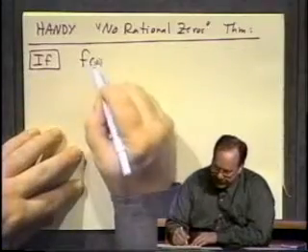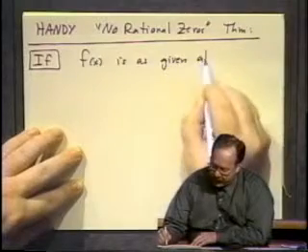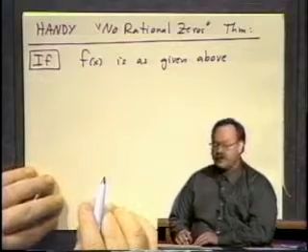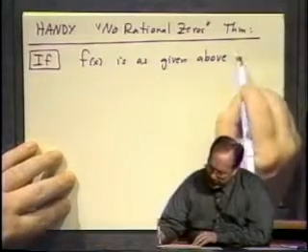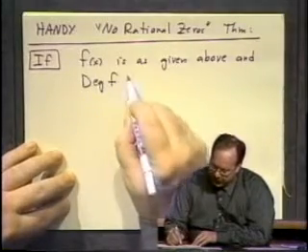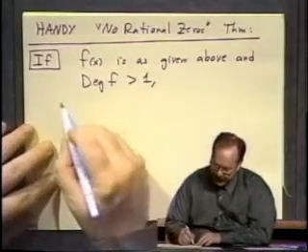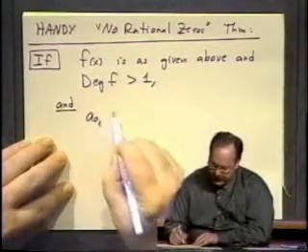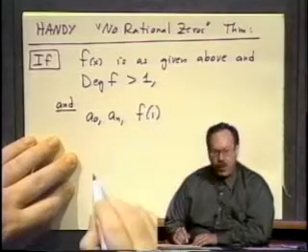If f of x is as given above, so we're talking about a real polynomial whose constant term is non-zero and all of whose coefficients are integers, and the degree of f is greater than 1, so the only case left out is the linear case, and a sub 0, the constant term, a sub n, the leading coefficient, and f of 1 are all odd, then you can immediately conclude without any work that f has no rational zeros.